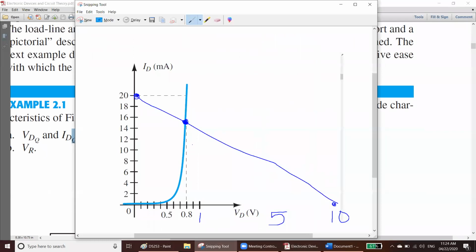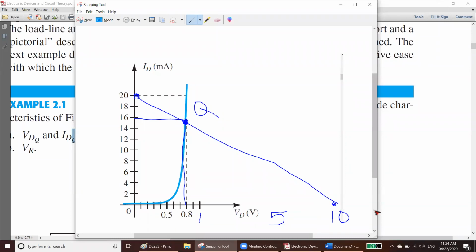Where is that? This is our Q point. At the Q point, if you draw a line, what is the value of our current and what is the value of our voltage?